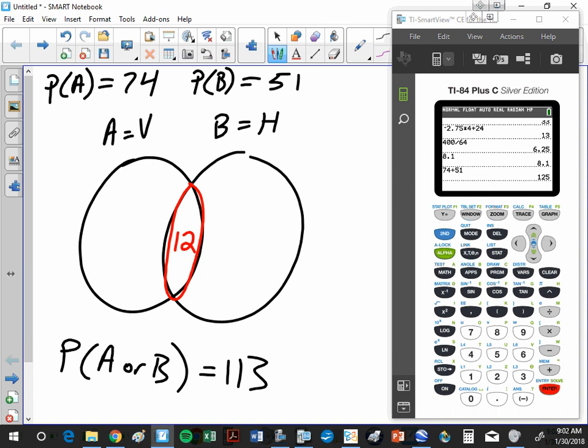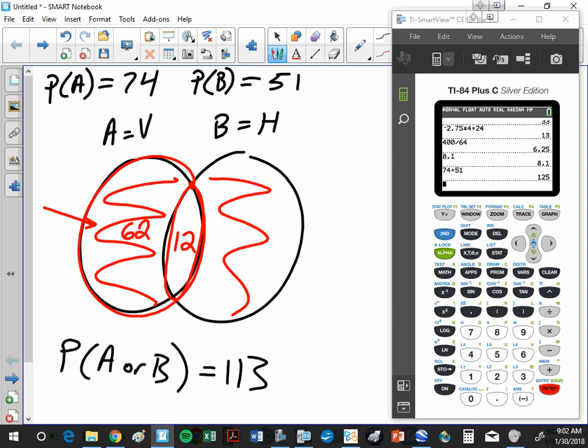Now, just to make sure that you understand it, how many kids go in this section? Well, there's 74 in this, but how many of them fit here? 74 minus 12 is 62. How many people fit in here? So it would be 51 minus 12 is 39. Okay, now here's kind of a tricky question.